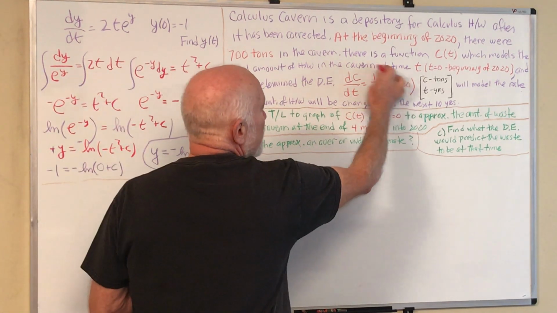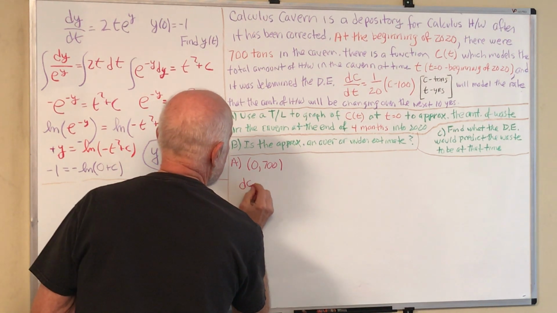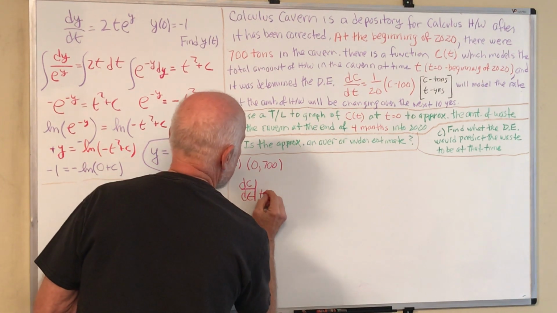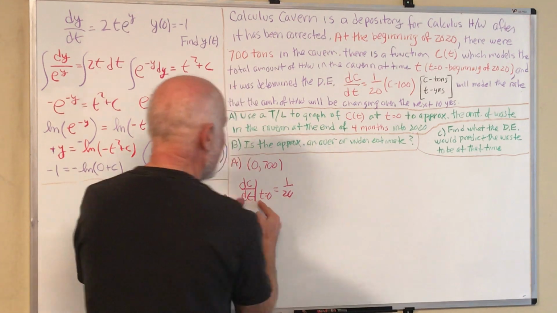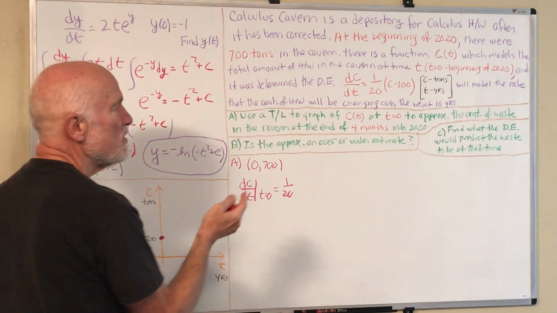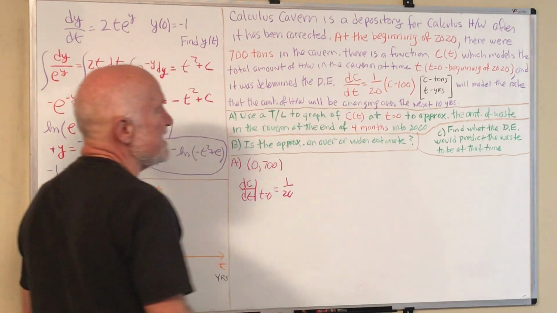Well, that's what a differential equation gives you, is it gives you the slope. So I can say dc dt, when t equals 0, and that's why I write it like this rather than writing c prime of 0, because remember, this isn't given as a function of t.